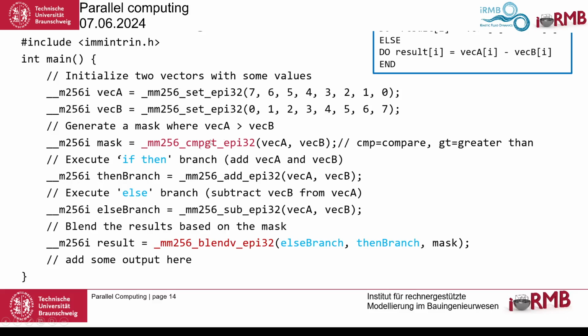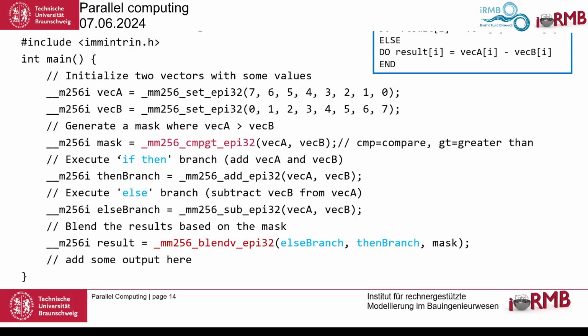There is a CMP, which I believe means compare, and GT means greater than. And then there are others, equal to, and so on. So this will compare greater than, and then will generate a mask. When this condition is true, it will fill these slots with ones, and if it's false, it will fill them with 0.